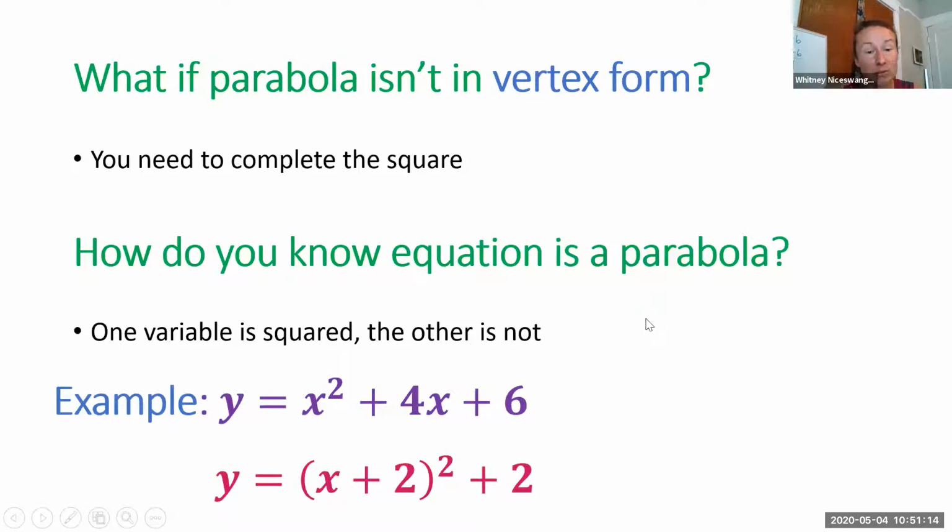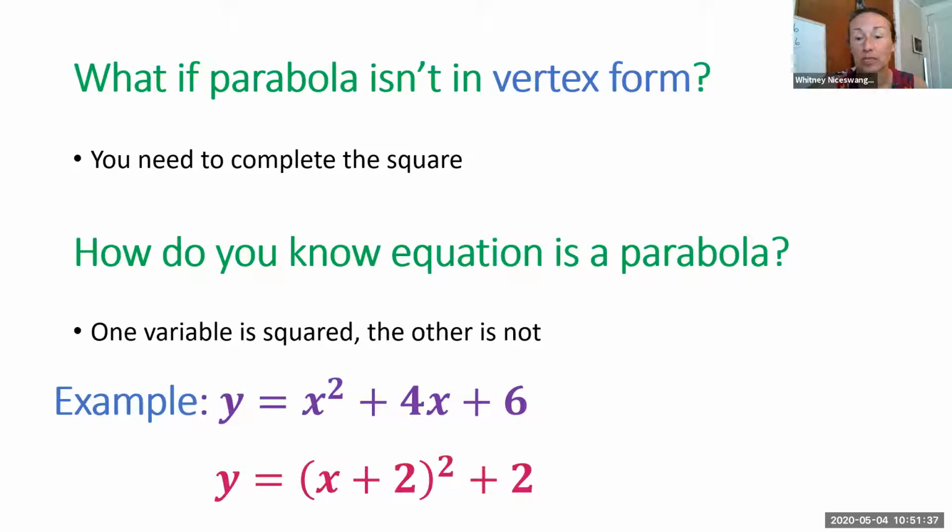You'll know it's a parabola because one variable is squared and the other is not. And here you have in purple, this is an equation that's not in vertex form. And then in pink there, that's what that would look like in vertex form. Okay. So those are parabolas. You should remember working on those quite a bit.